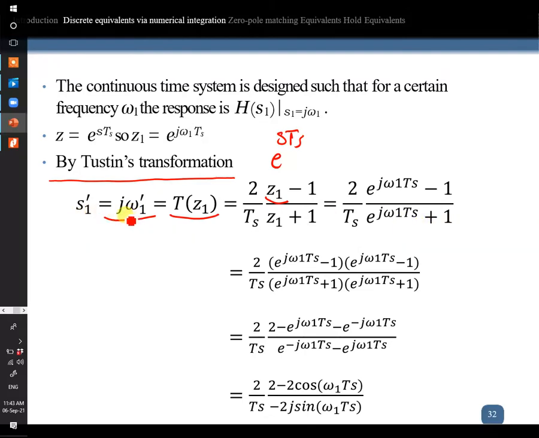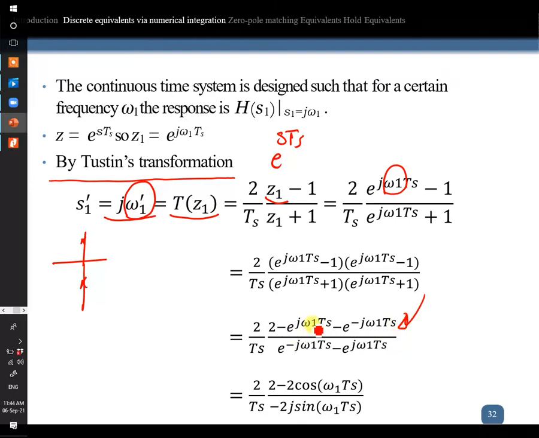That means omega prime 1 in the continuous time and omega 1 in the discrete time. From S equals j omega prime 1, that means the j omega, and with the sampling rules I will substitute by j omega 1. If you substitute here and expand these equations, you will reach here.